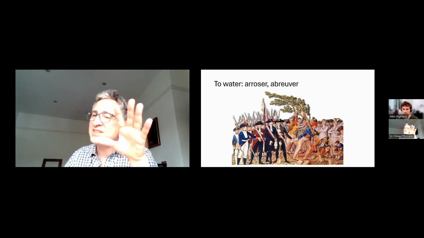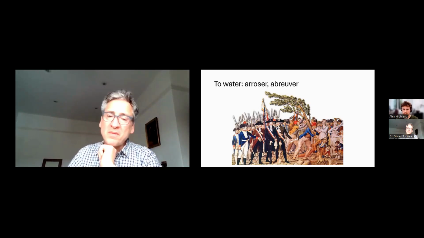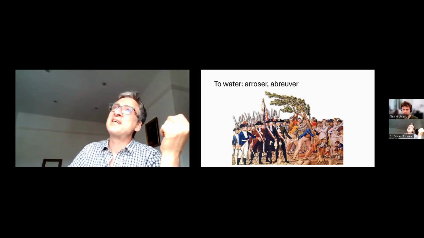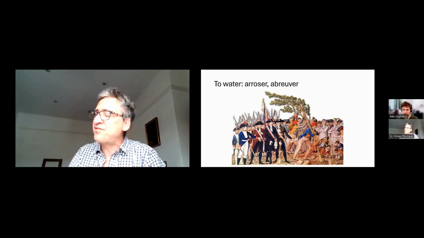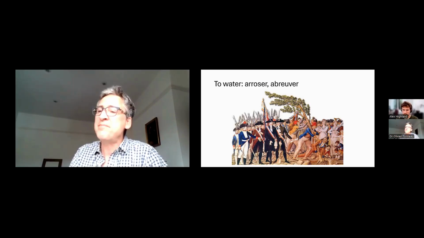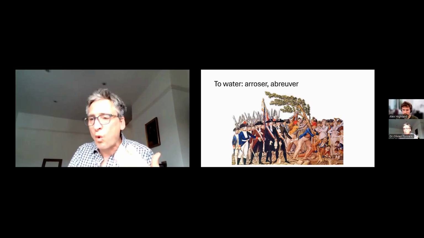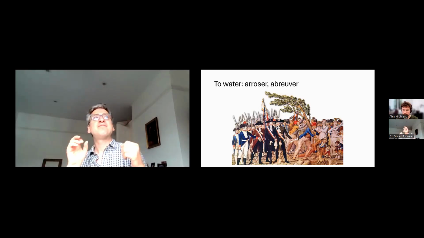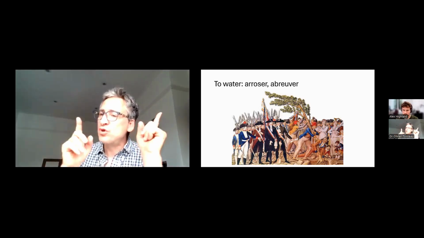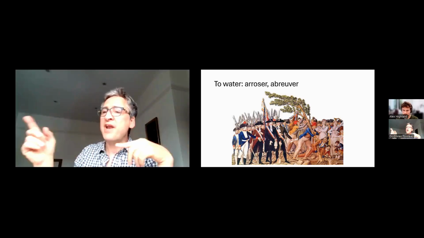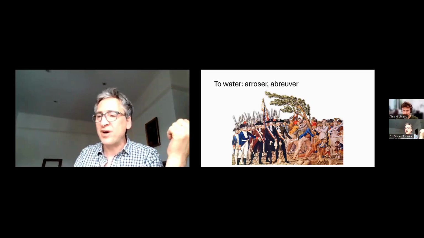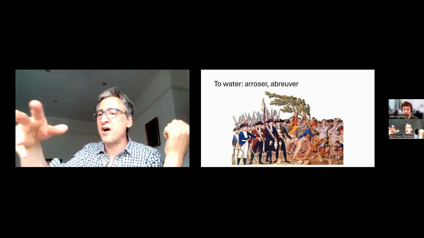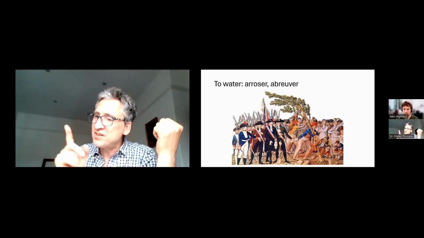And there is even here an interesting point of translation, because I translated qu'un sang impur abreuve nos sillons as may an impure blood water our fields. But I think in English, you say to water for an animal or for a plant, right? You water a cow and you water a tree. But in French, not so.